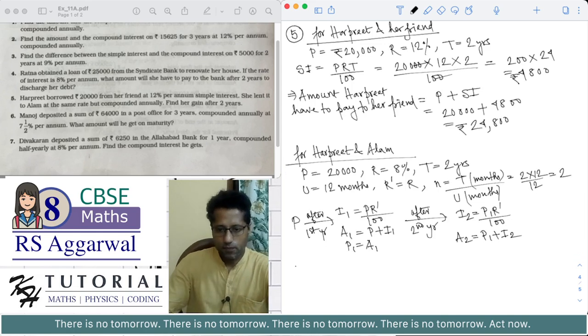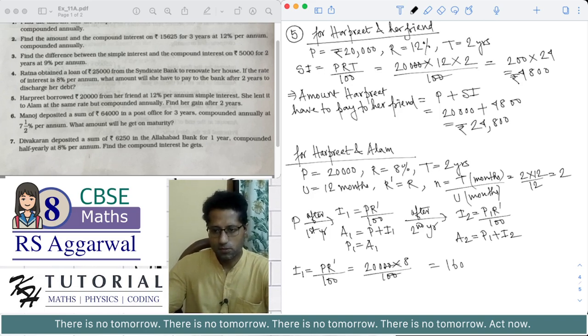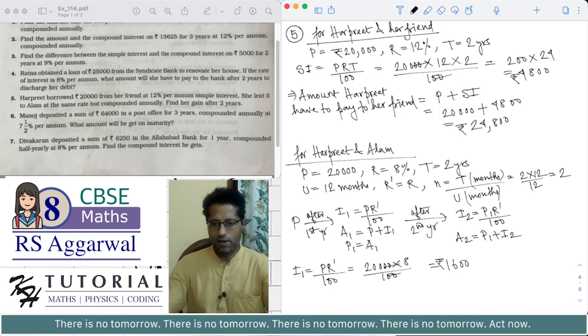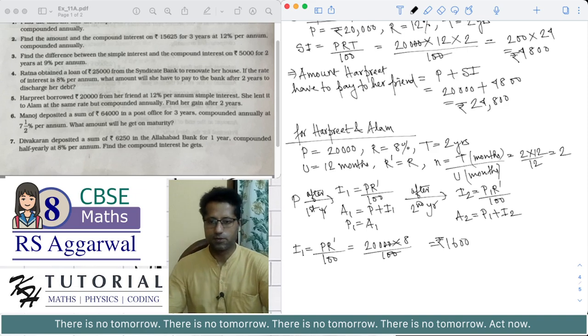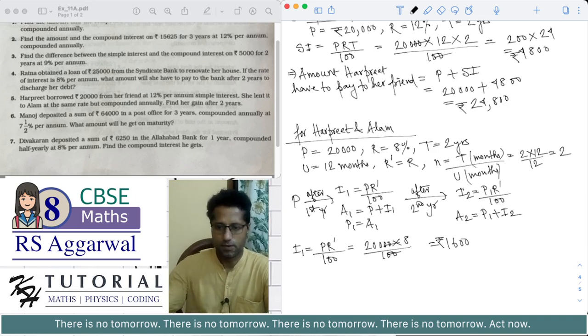So what is I1? I1 is equal to P R dash by 100. This is equal to P is 20,000 multiplied by R dash is R, which is 8, divided by 100. This is equal to 1600. So at the end of the first unit of time, or at the end of the first year, the interest calculated is rupees 1600.